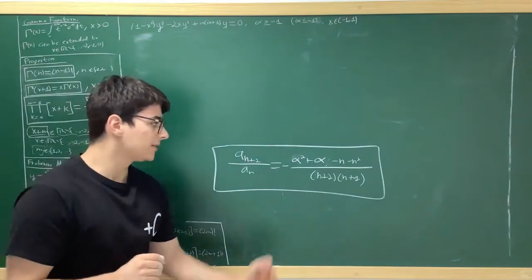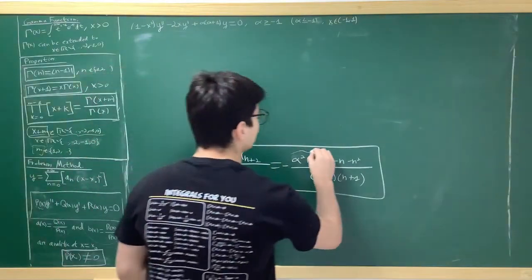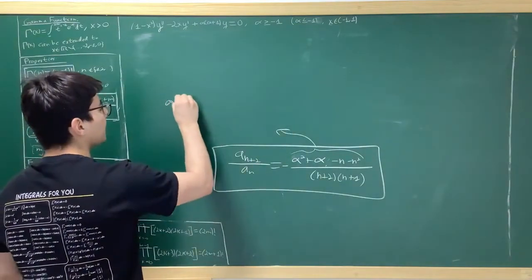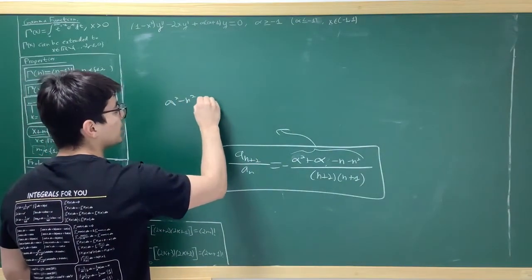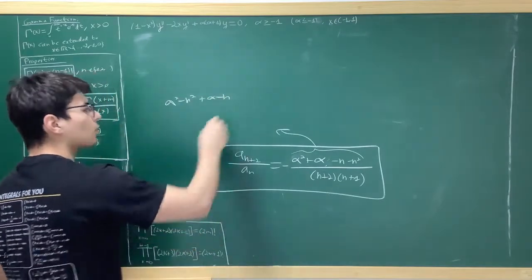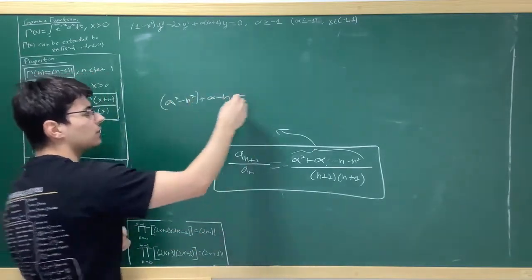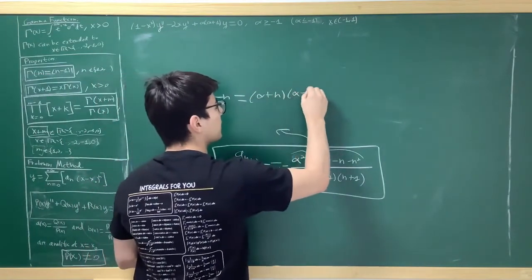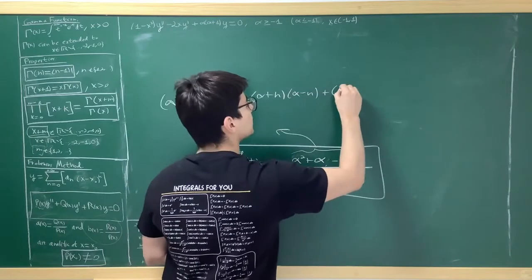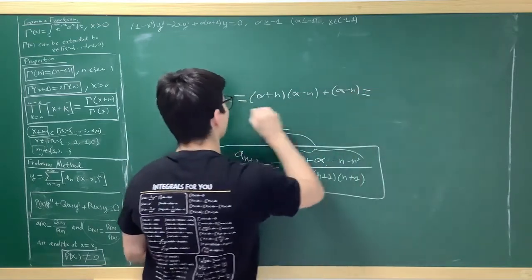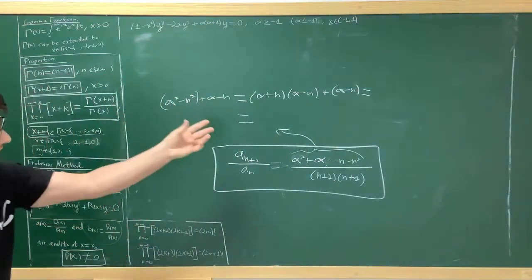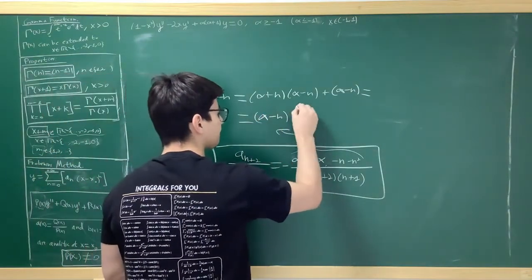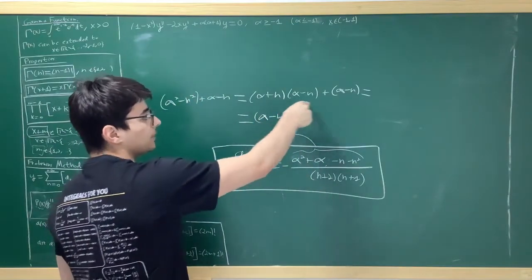A really nice way to rewrite this is to write it as two things that are multiplying each other. So alpha squared minus n squared plus alpha minus n, we can rewrite this, having into account that this term can be expanded as (alpha plus n)(alpha minus n), plus alpha minus n. See? We can take out alpha minus n from both sides and get (alpha minus n) times (alpha plus n plus 1).